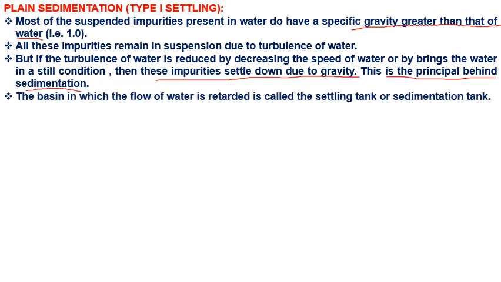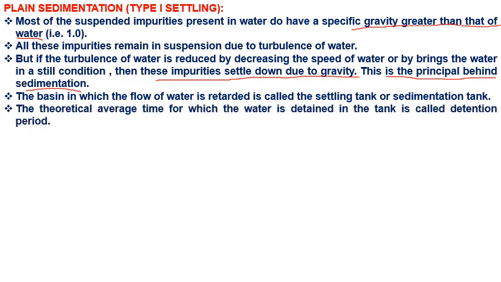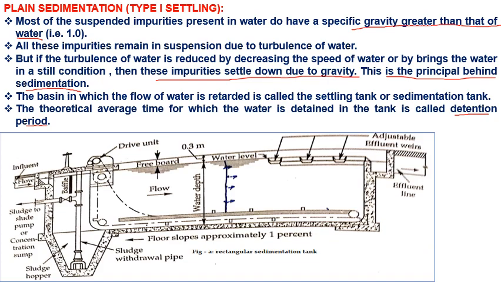The basin in which the flow of water is retarded is called the settling tank or sedimentation tank. The theoretical average time for which water is detained in the tank is called the detention period. The figure shows the rectangular sedimentation tank.